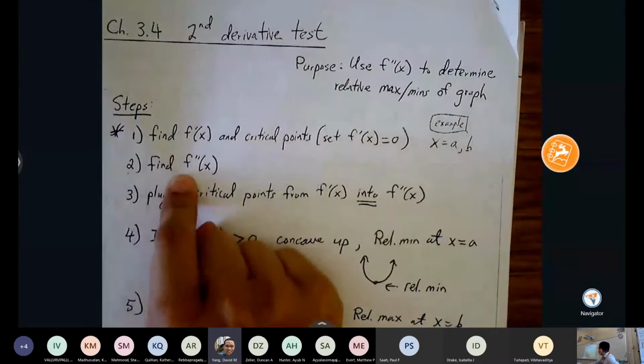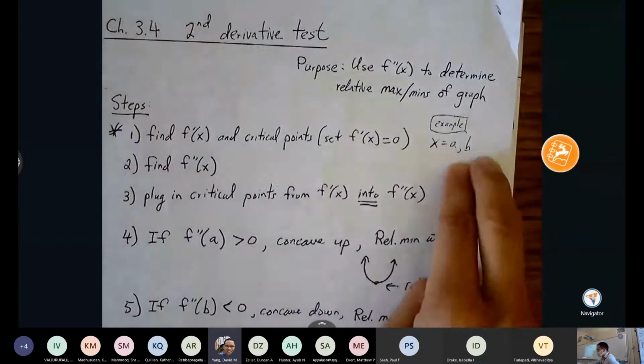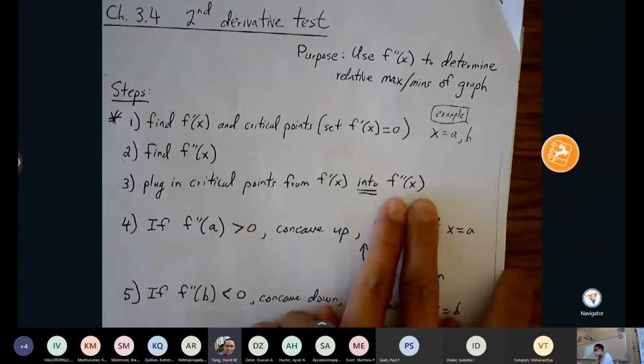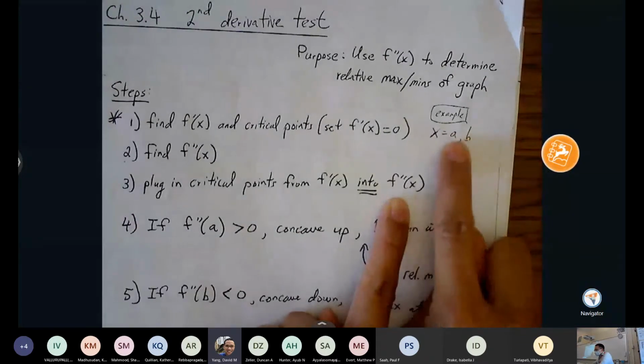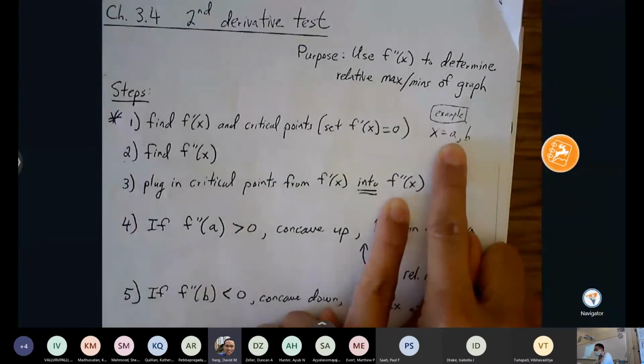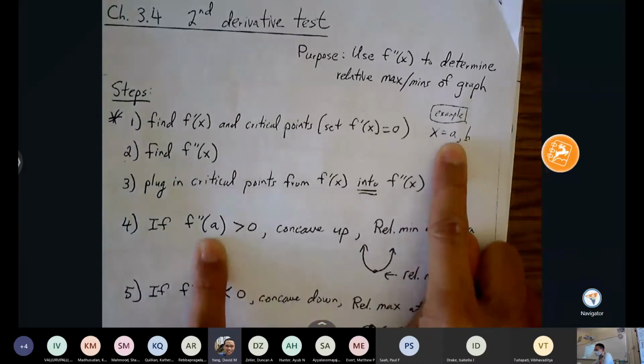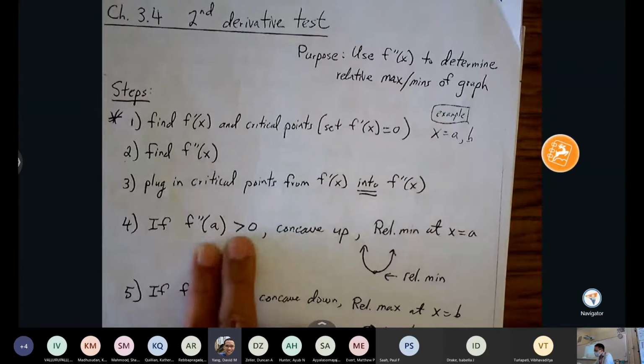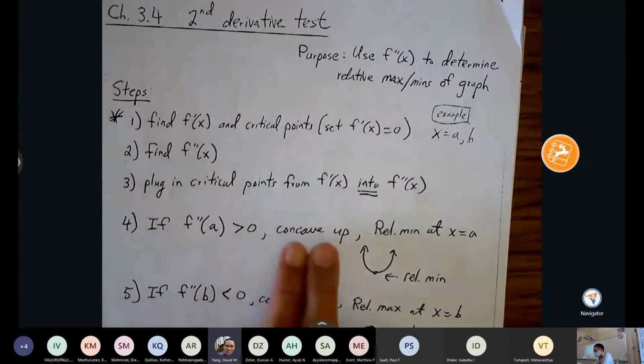We're going to find the second derivative function, and we're going to plug these critical points into the second derivative function. So let's say we have a critical point from f prime. From here, we can plug into the second derivative function and see if that gives us a positive or negative value. If it gives us a positive value, we know a second derivative positive value means concave up.